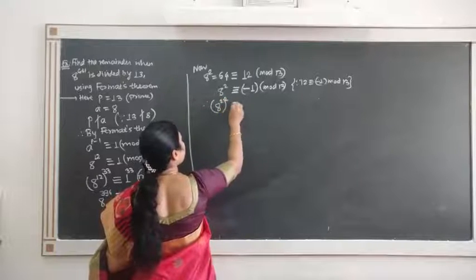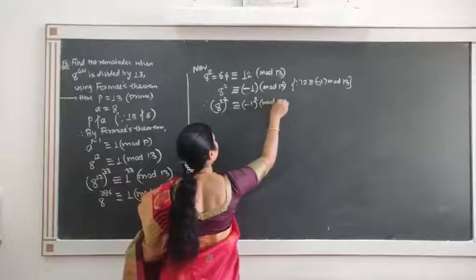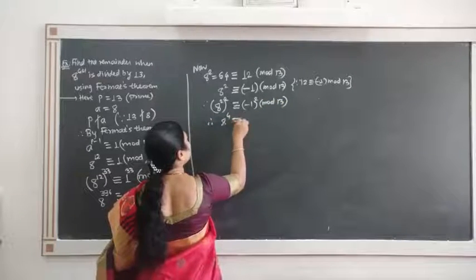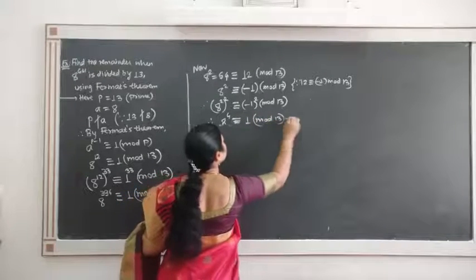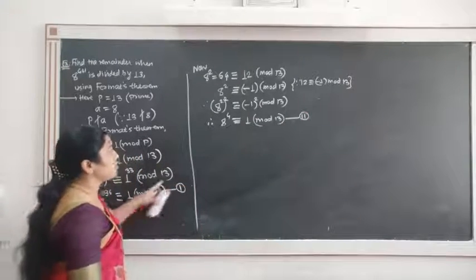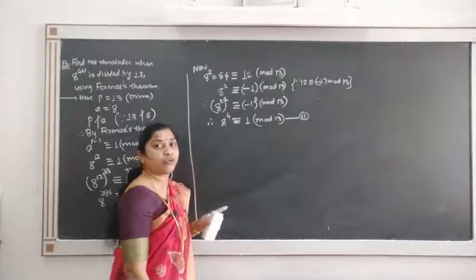So 8 square square is congruent to minus 1 square. We are taking square on both sides and therefore 8 raised to 4 is congruent to 1 modulo 13. This is second result. We have 8 raised to 396. We have 8 raised to 4. So total becomes 8 raised to 400.